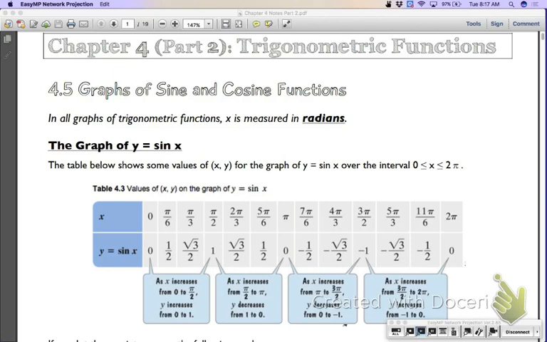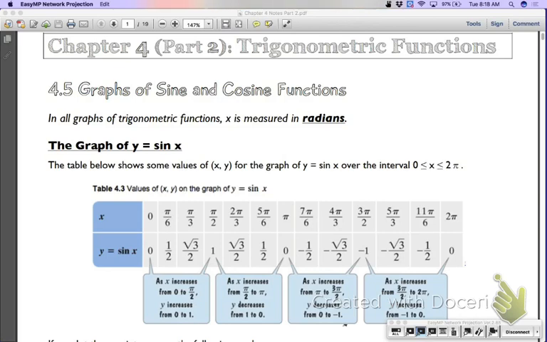Whenever we have the circle, it just keeps continuing to repeat over and over again. Whenever we put it in a graph of sine of x or cosine of x or tangent of x, you'll start to see those same values repeat, just like they did with the unit circle.